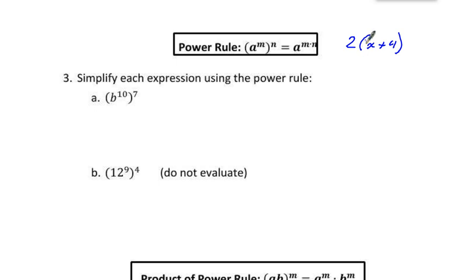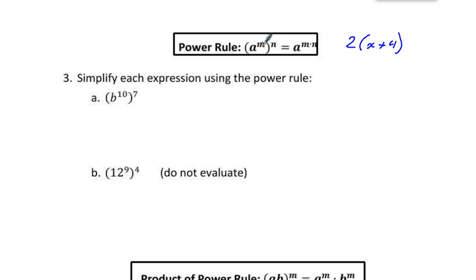So 2 times 1x and 2 times 4. We know to use multiplication because of the parentheses. In this property, the same. This time the exponents are separated by parentheses, and so that helps me remember that I'm multiplying the exponents here.